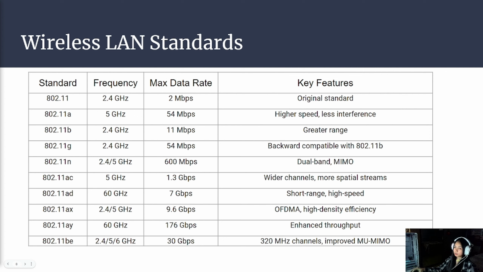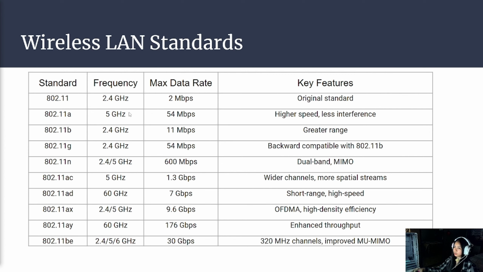This table summarizes the key characteristics of each wireless LAN standard, including their operating frequencies, maximum data rate, and notable features. Understanding these standards helps us appreciate the evolution of wireless technology and its capabilities in different environments.